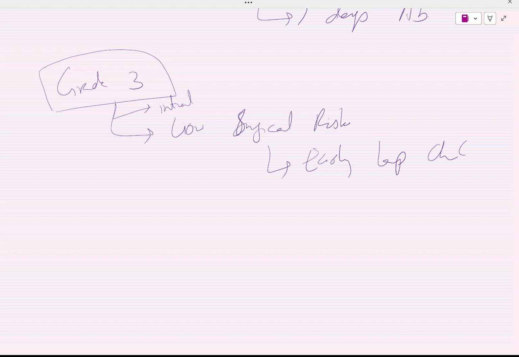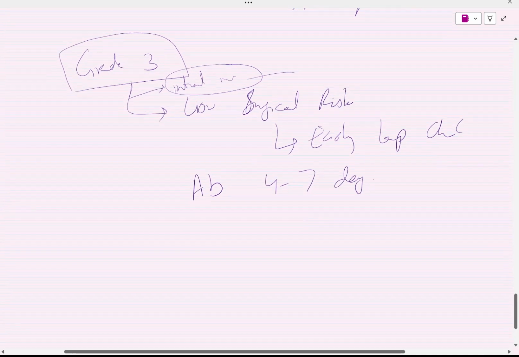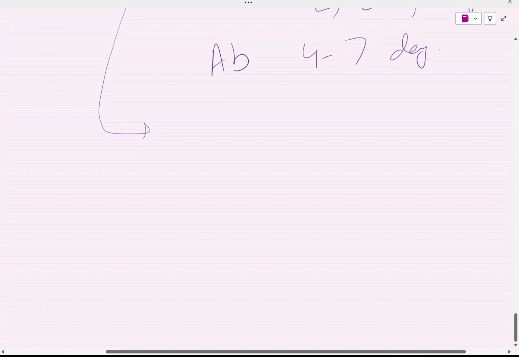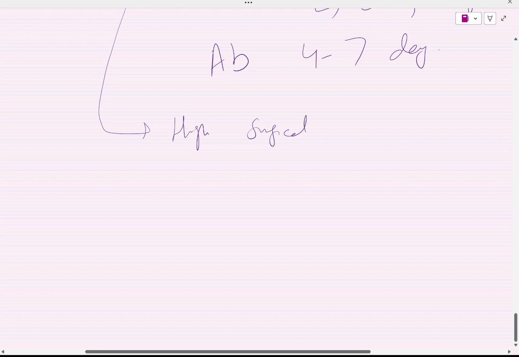So in grade 3 acute cholecystitis with a low surgical risk patient, you give initial management, the symptoms improve, and then you perform early laparoscopic cholecystectomy. Then you continue antibiotics for 4 to 7 days after surgery. And in grade 3, the patient is of high surgical risk.